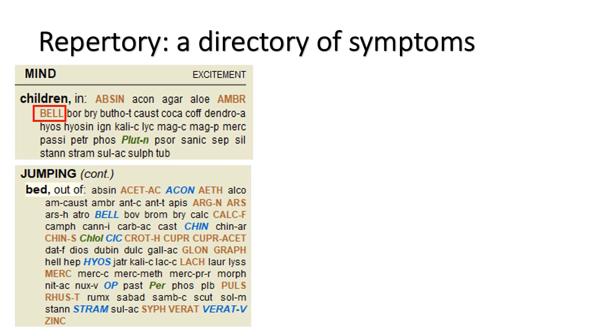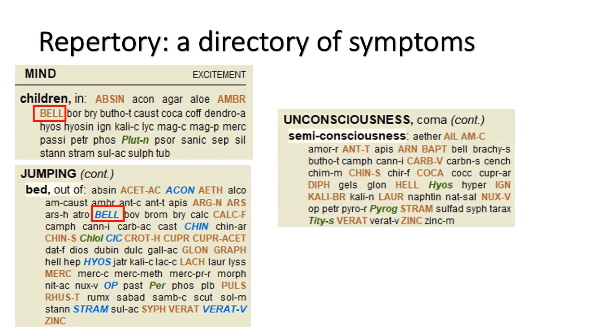Here, once again, we have a number of remedies. Some of them are in bold letters in red, and some of them are in blue in italics. Those in italics and capitals are those remedies which had a pronounced effect of this particular symptom, jumping out of bed. Belladonna appears here too.